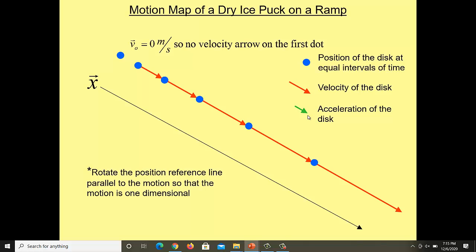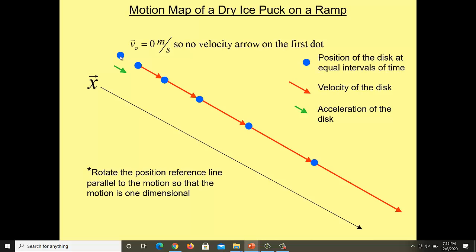Remember, acceleration is the rate of change of velocity, how quickly your velocity is changing. So if you have 0 velocity and 0 acceleration, what would your object do? Nothing. It would just sit there. No acceleration, no velocity, it's not going to go anywhere. And this object is going somewhere. So it does have an acceleration arrow under the first dot.